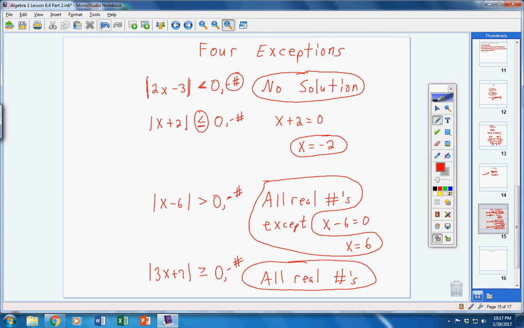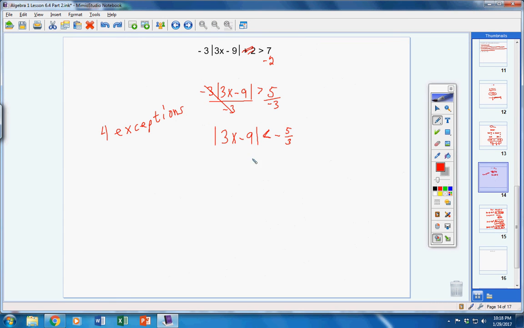Alright? It's a big difference. So if I have this less than 0, my answer is going to be no solution. Okay? So my answer right away is no solution. So, pretty simple. There's no work to do or anything because it was one of our special exceptions.